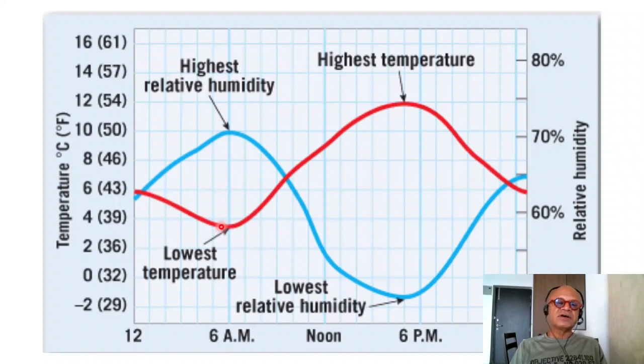So here, assuming there is no wind that's constantly advecting humidity either from the west or east, north, south, whatever, when temperature cools, relative humidity can go up because of what I said before.